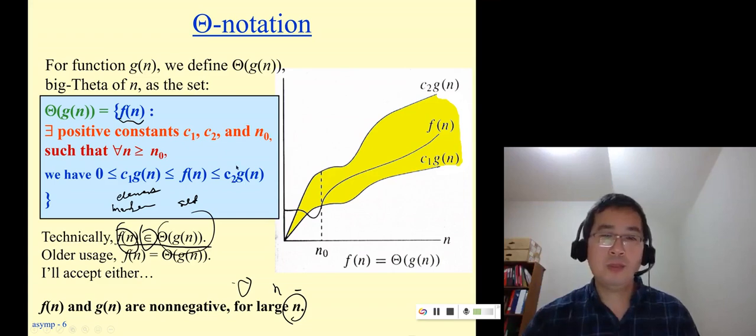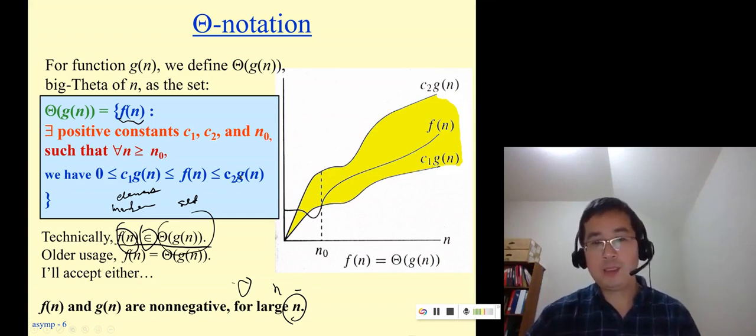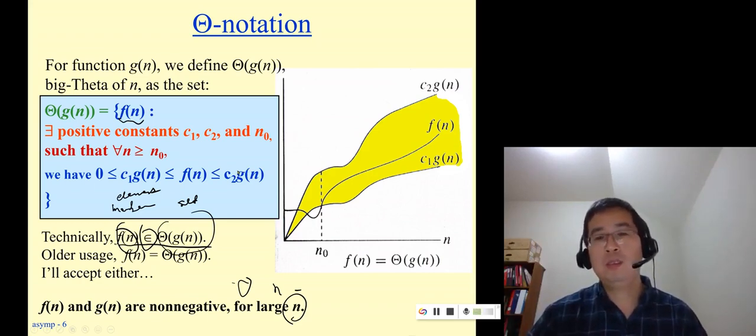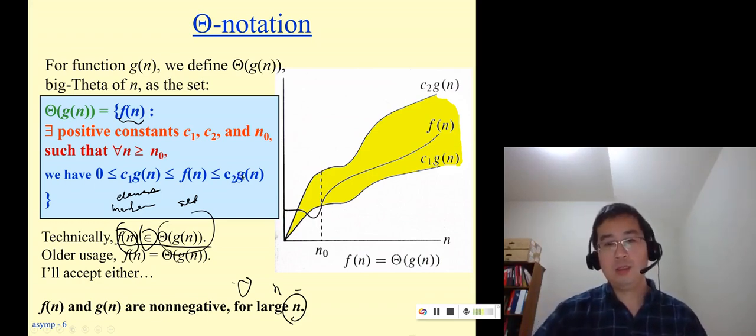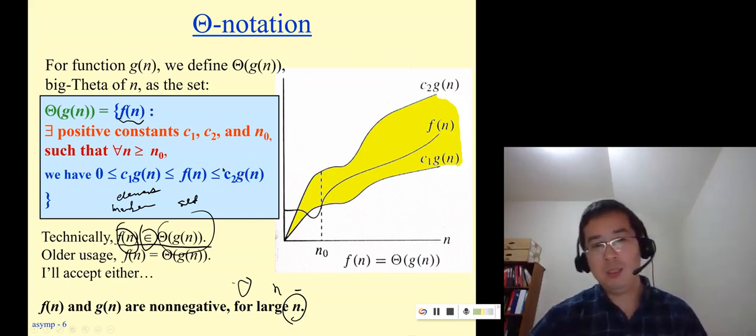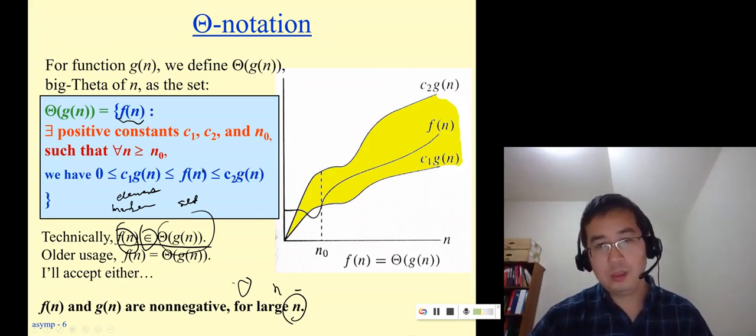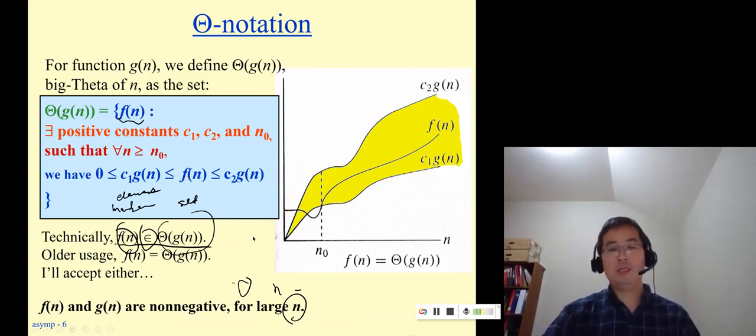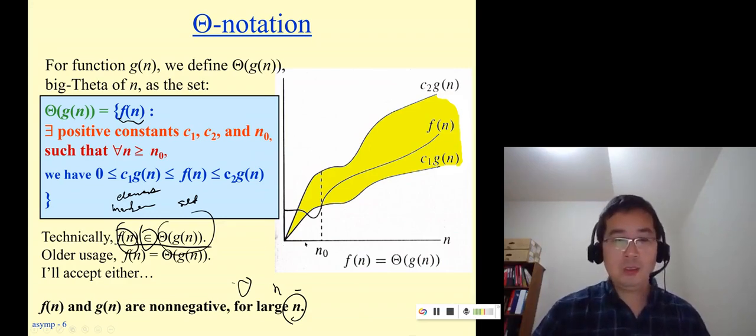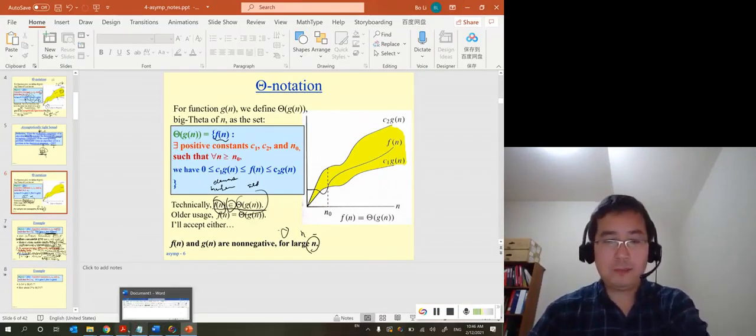C2 is the upper bound, which means it's a little bit higher. Of course, they have the same complexity, but I mean the coefficient of the highest order term: make C2 a little bit higher than the coefficient of f of n for the highest order term. So this is the idea. So let's go back to continue.